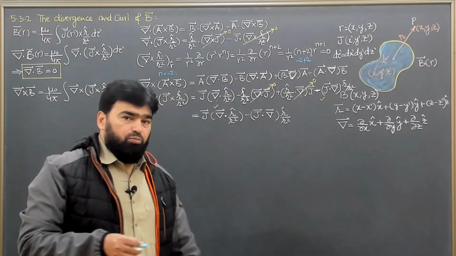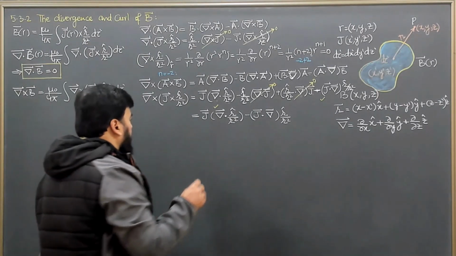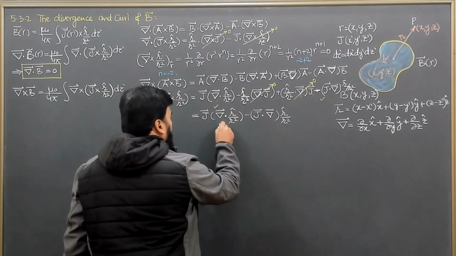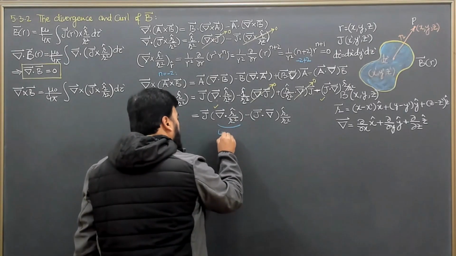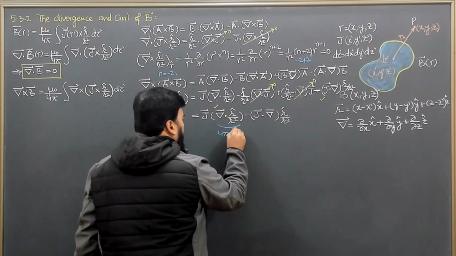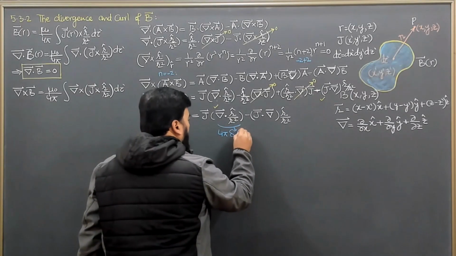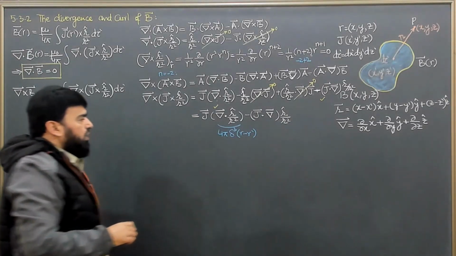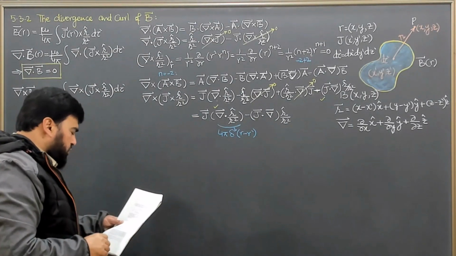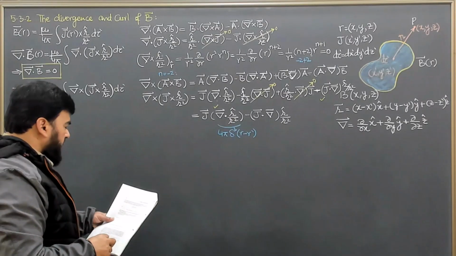So we have already found that del dot R over R squared is basically 4 pi delta cube of R minus R prime. If you remember this one, it was equal to this.